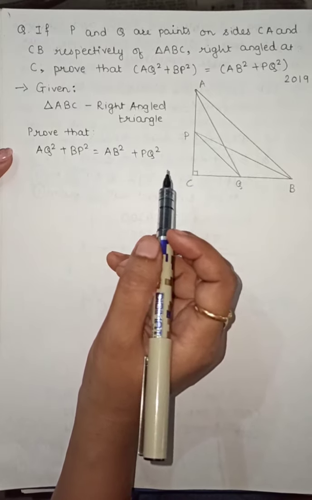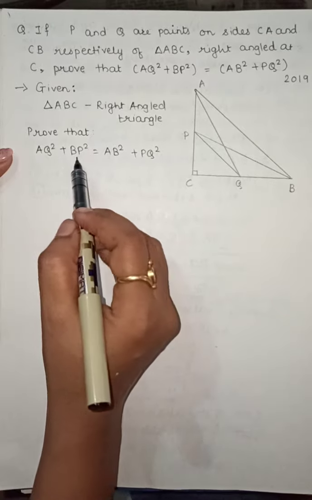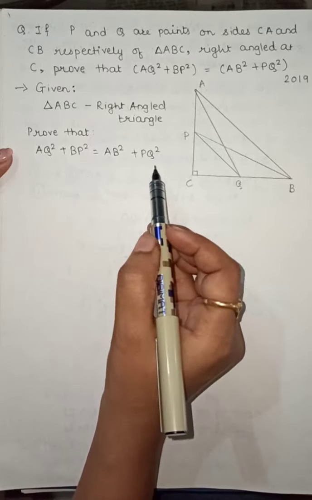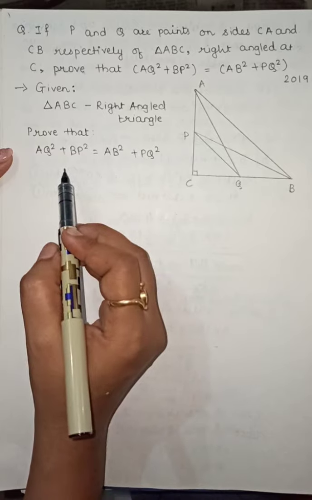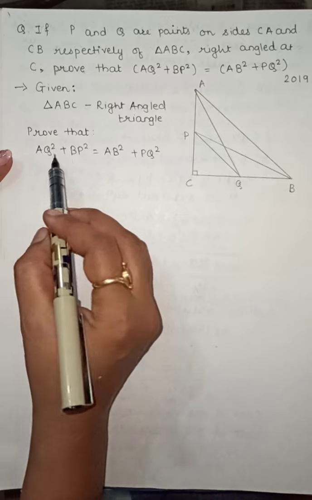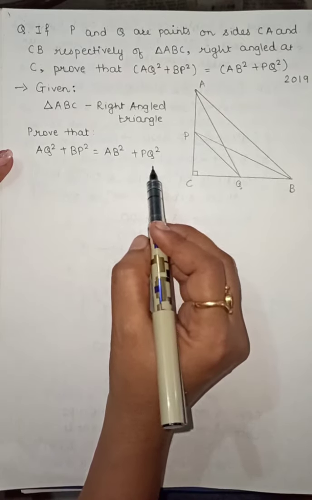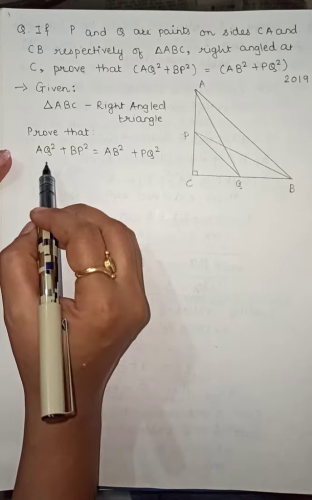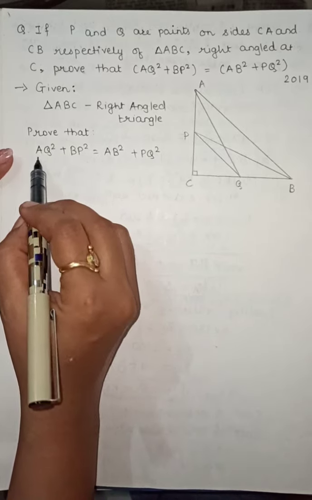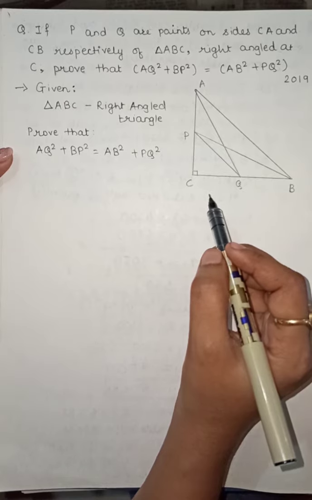First of all, we should be framing the equations in which these terms are present. So, if I have to frame the equations one by one, AQ square, BP square, AB square and PQ square. For framing an equation AQ square, which right angle triangle I have to consider? A right angle triangle wherein AQ will be one of its sides.